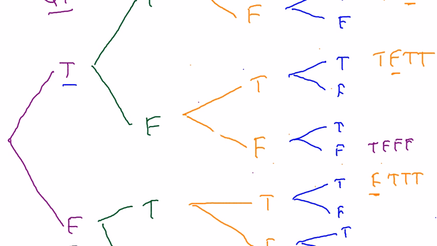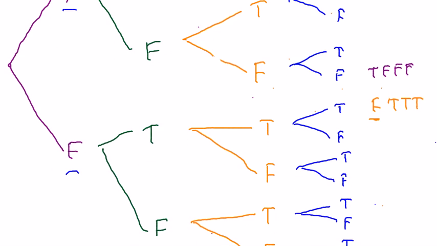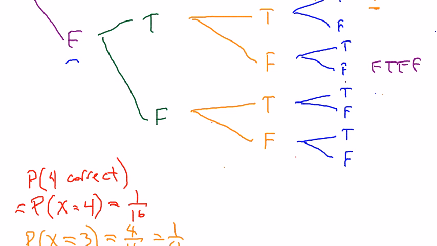But he might get the first question wrong, in which case maybe he gets the second question right. So false, true, false, false is 1 correct. Or false, false, true, false, or false, false, false, true would also be one correct.